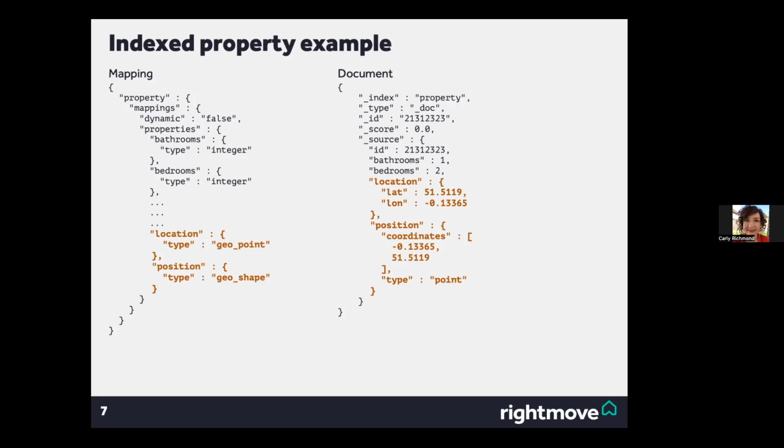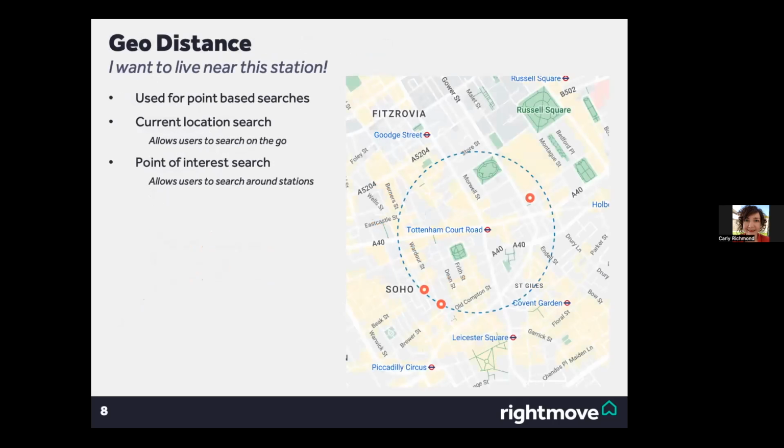Now let's look at how to query this data using geo capabilities. I'm going to talk about the three most important queries that you use. So first one up is the geo distance query. Geo distance is the one we use whenever we want to find some data around a particular point. So in our use case, let's say the user wants to find the properties near a certain train station, because the commute is very easy.